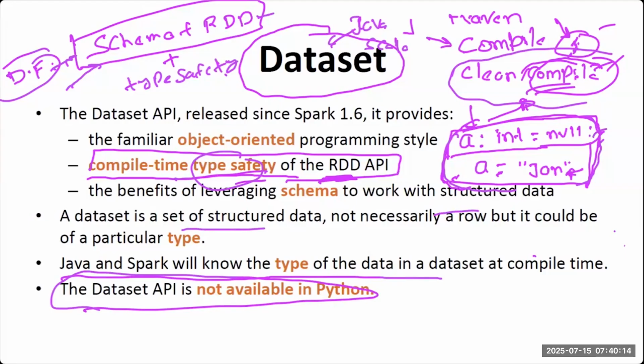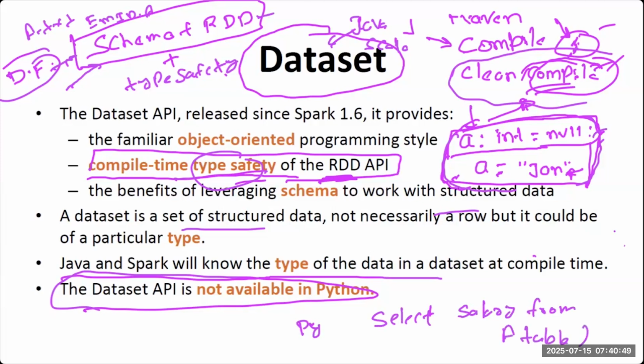Let's suppose that you have a.txt, and I showed you it has two columns, employee ID and age. Let's suppose in PySpark, writing your Python, you wrote select salary from a table, but your table does not have any salary column.